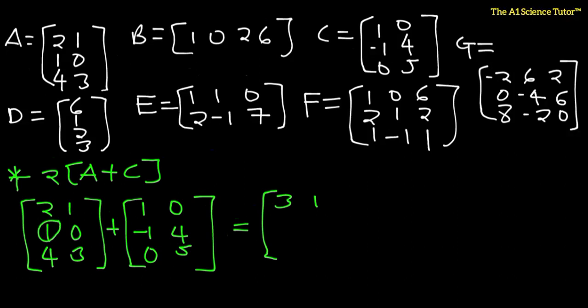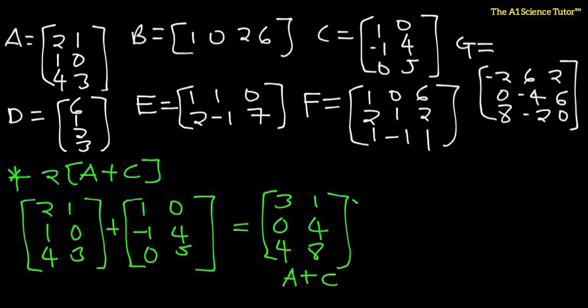Here we have 1 plus negative 1, which is 1 minus 1, giving us 0. Here we have 4 plus 0, which gives us 4. Now we have 0 plus 4, which gives us 4. And here we have 3 plus 5, which gives us 8. So this is the answer for A plus C.